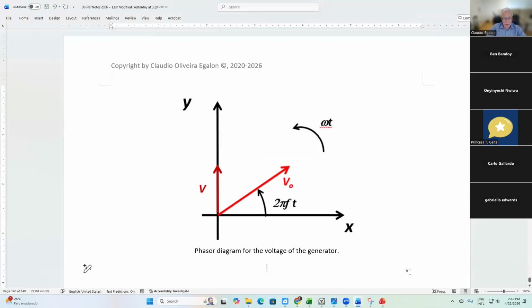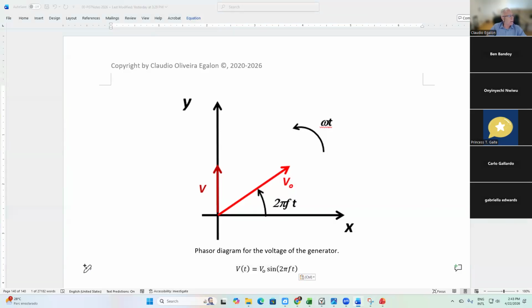So this illustration here represents exactly this equation, okay? As 2 pi f t increases, this vector keeps on rotating, right? And V naught sine 2 pi f t is going to be this projection that coincides with the V as a function of t.